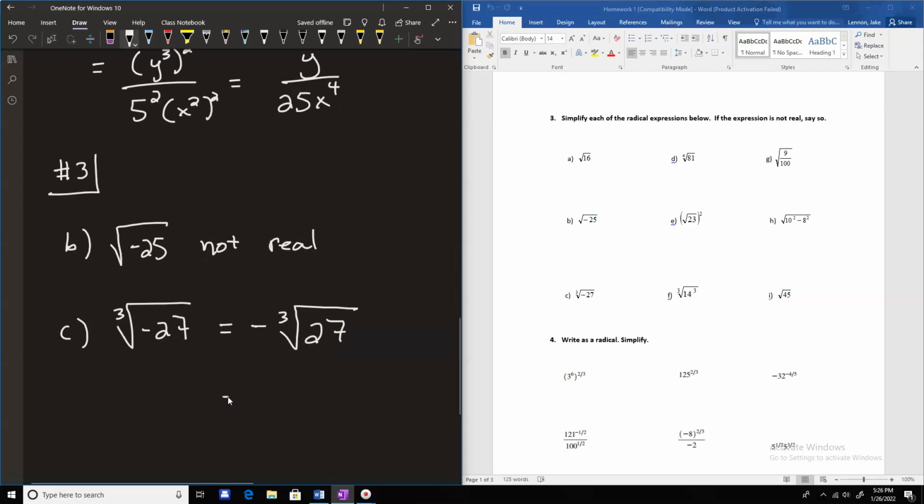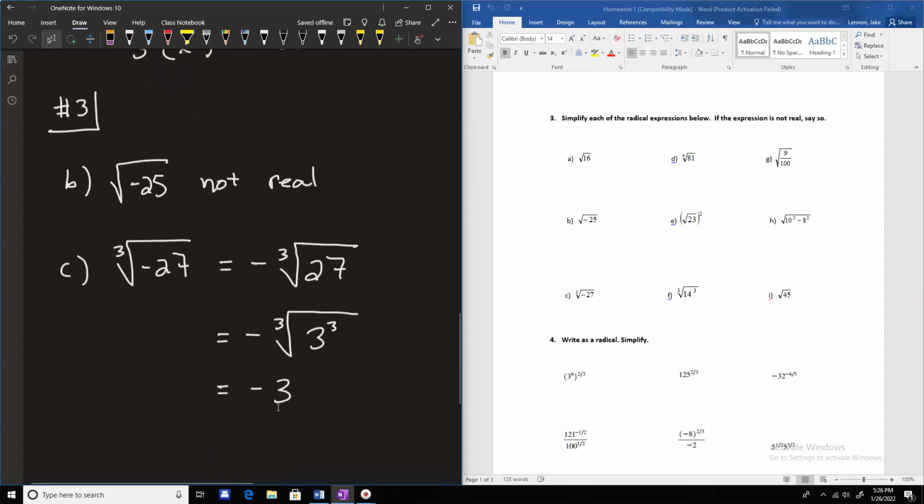And then we know that cubes will undo third powers. So 27 is 3 times 3 times 3, 9 times 3. So that's 3 to the third power. So the cube power will cancel with the cube root, and it will just leave us with negative 3.